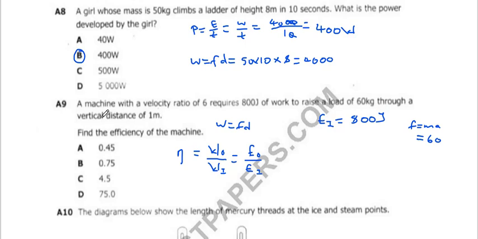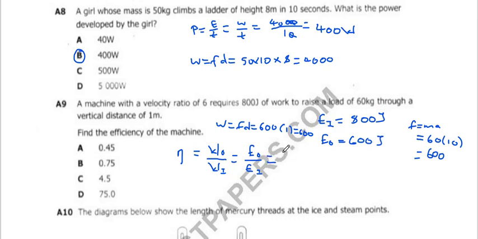If we notice there's a vertical distance, then our acceleration is simply 10, right? So 60 by 10 gives us 600, right? So the work is equal to 600 by the vertical distance, which is 1, which is simply 600. So the energy output is equal to 600 joules, right?